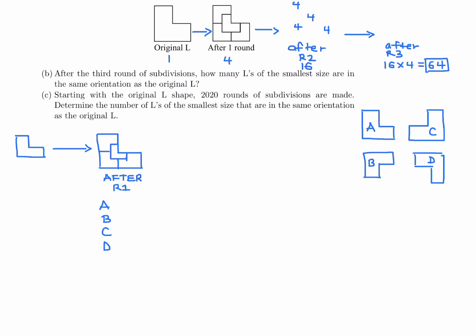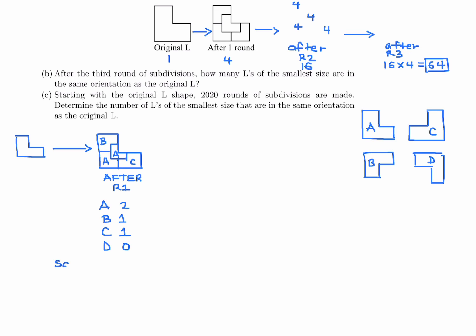How many are in shape A? Well, this is A, this is A, so 2. How many are in shape B? Just this one, that's B, just 1. And how many are in shape C? Just this one, that's C, so 1. And there's no D, interestingly, 0.